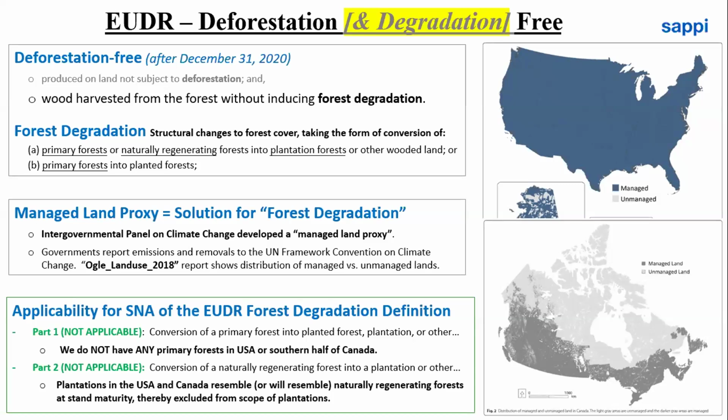Different ways than now, but they still use these forests. So I think we can make a strong case that we do not have primary forests. And if you don't have them, you can't convert away from them, right? Hopefully that logic makes sense to everyone. And again, as I mentioned, conversion of a naturally regenerating forest into a plantation, we do not meet the definition of plantations. We have planted forests, but that is okay.